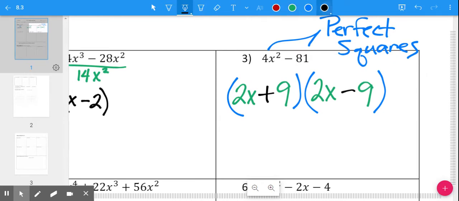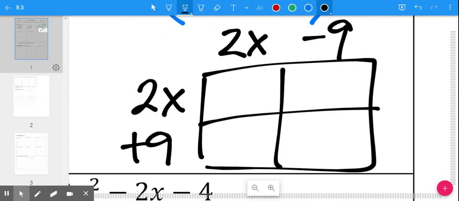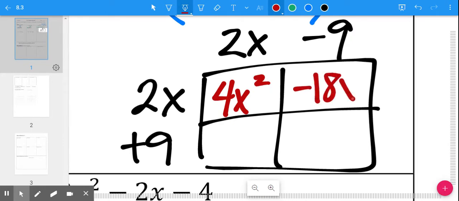Now, just to explain why this works, if we do the box thing just to double check, and we have 2x minus 9 times 2x plus 9, we end up with 4x squared. Negative 9 times 2x is negative 18x. 2x times 9 is positive 18x.